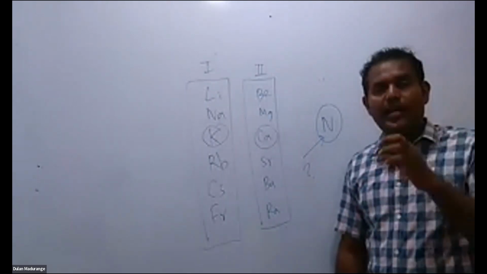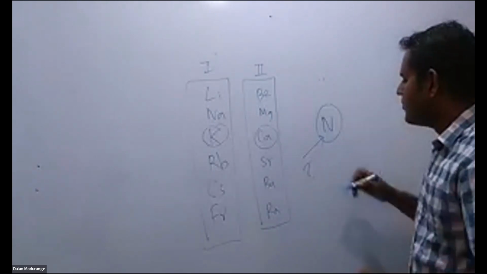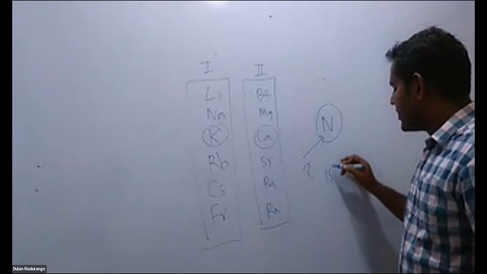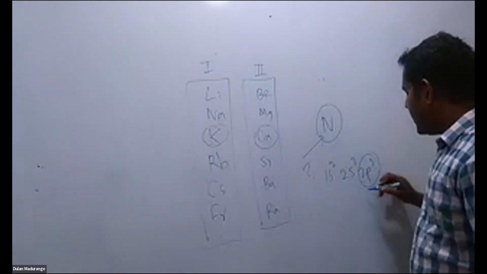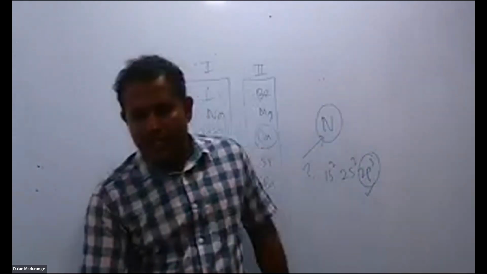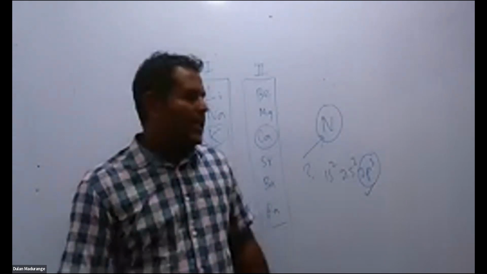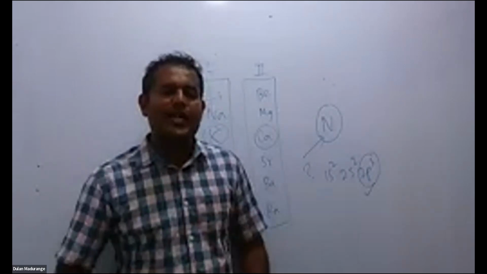Nitrogen's configuration is 1s2, 2s2, 2p3. So the final electron is a 2p electron. That's why nitrogen is categorized under P.